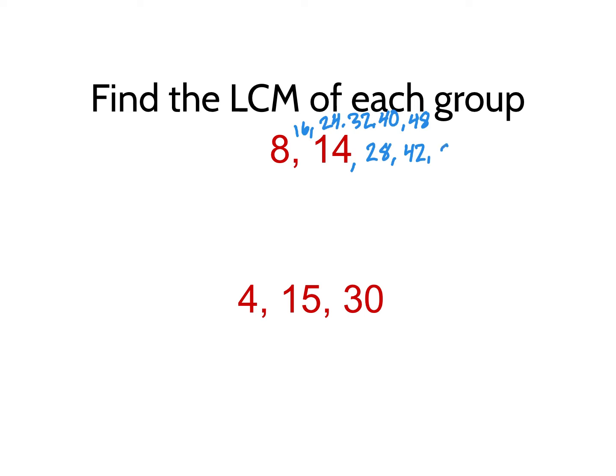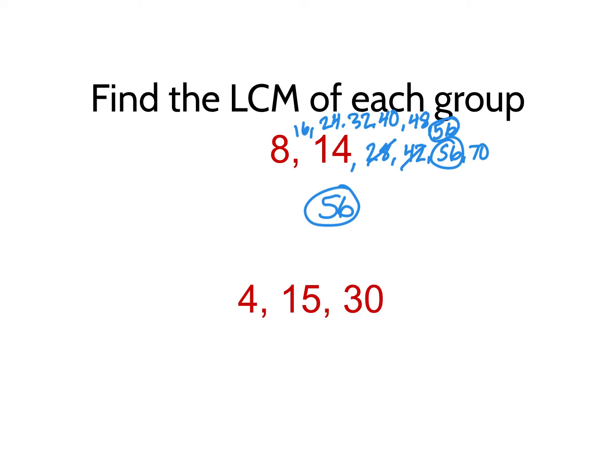I'm going to keep going on the top because I noticed 28 didn't work, 42 didn't work, and then I'm at this spot where I know I have to keep going. So I see 56 is actually in both lists. 56 is my least common multiple.